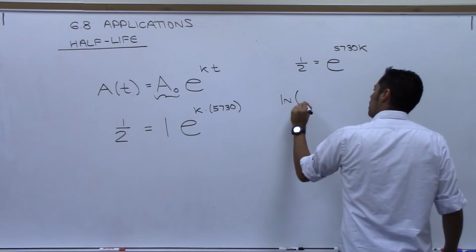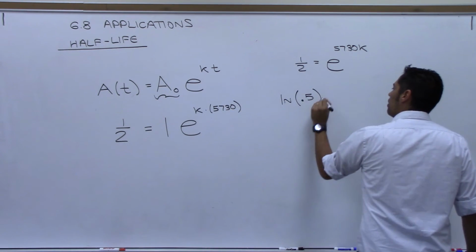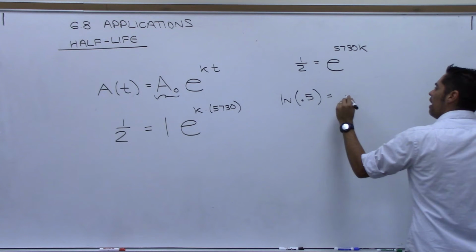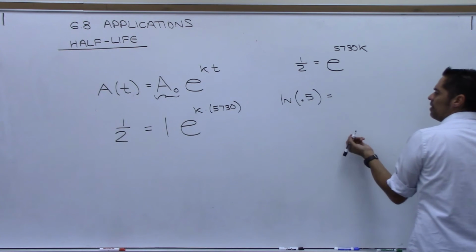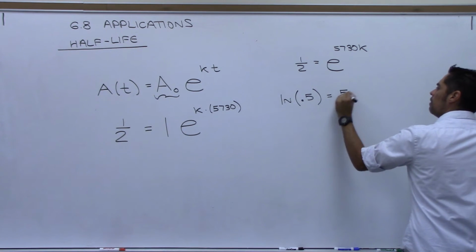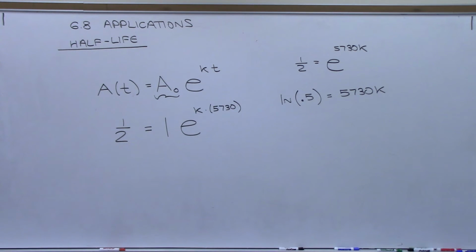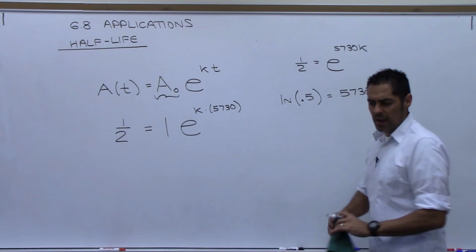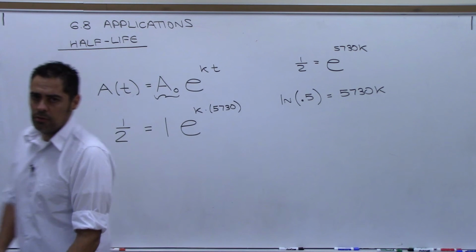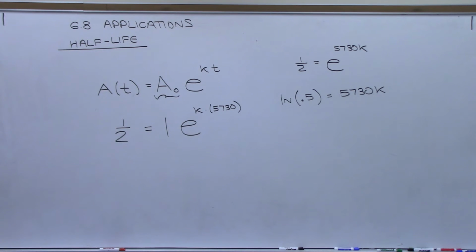Natural log 0.5. I'm going to use my calculator, so 1/2 is 0.5. And then this side, what do I get on this side? 5730K, because the E and the natural log wipe each other out. And then I'll divide. So get on your calculator and do 0.5 natural log.